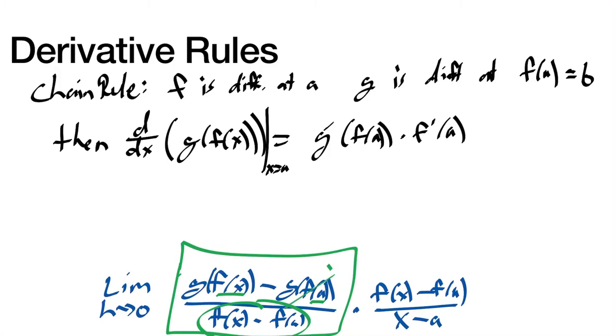And what's even worse is this piece right here could equal 0, right? There's no rule that says f of x can't hit f of a. We can let f of x hit f of a time and time again. And so there's no rule that they can't equal each other. And if that was 0, then I would have a bunch of points in this limit that don't exist.